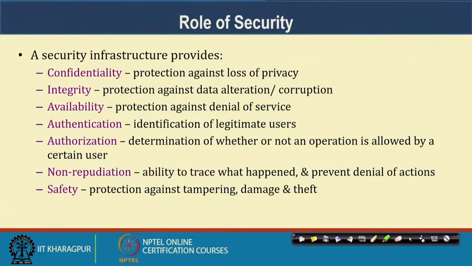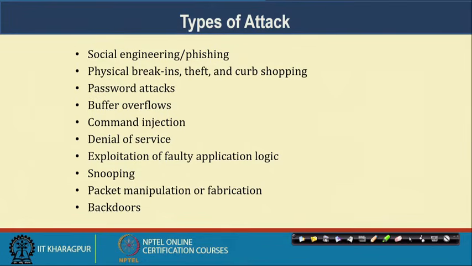So, role of security: a security infrastructure provides confidentiality, protection against loss of privacy, integrity, availability, authenticity, authorization, non repudiation, and safety, protection against tampering, damage, and theft. So, these are the roles of security features, which is true for other computing systems, also true for our network systems. And also we have seen types of attacks. A very popular one these days is social engineering or phishing. Physical breaking, theft, etc., is there, physical attack, password attack, buffer overflow attack, right, overflowing the buffer and going to the other segment.